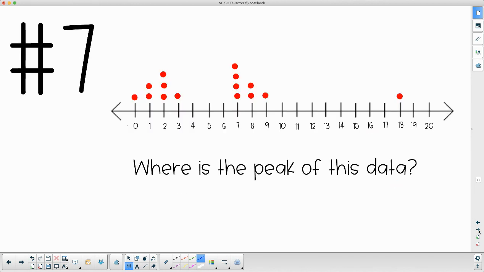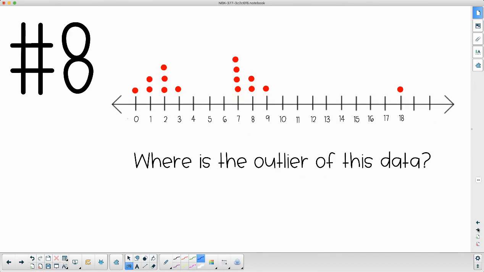Number 7 wants to know the peak. So the peak is the highest point. So we're going to look for where we have the highest point, and that is the peak of the data. The outlier is a number that is all by itself. It doesn't really fit in with the rest of the data.